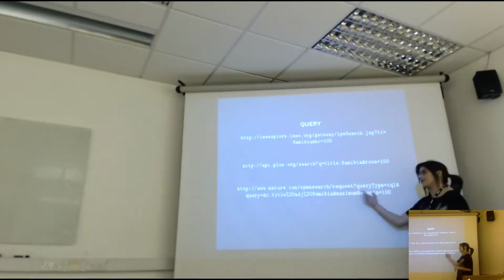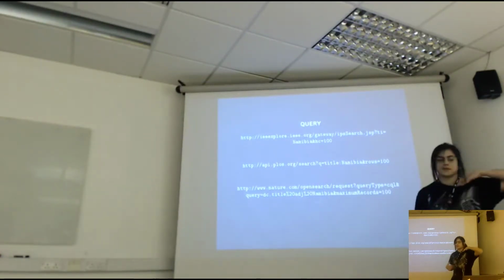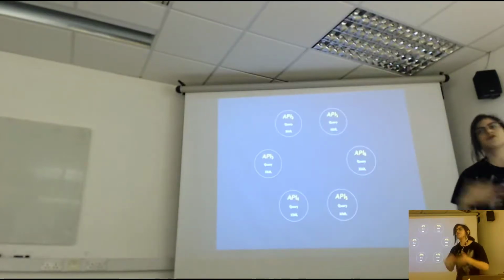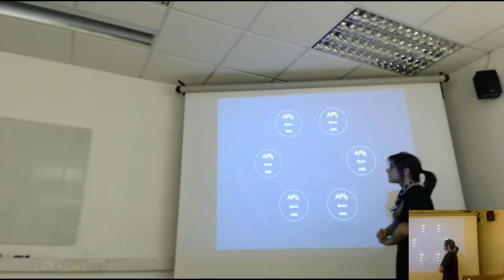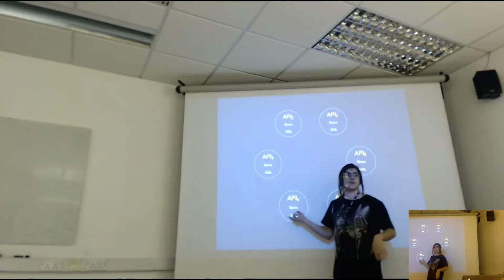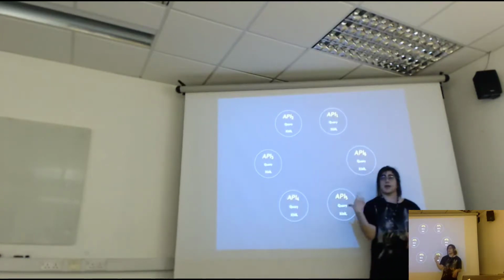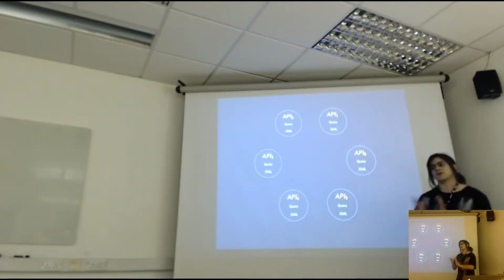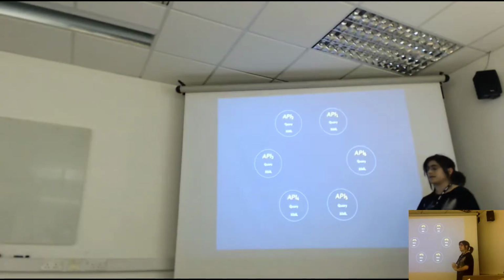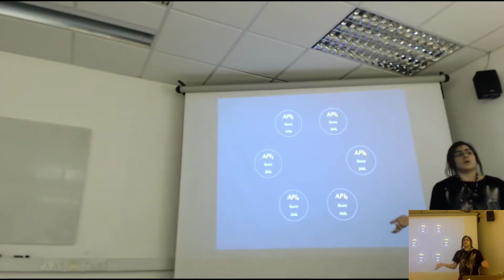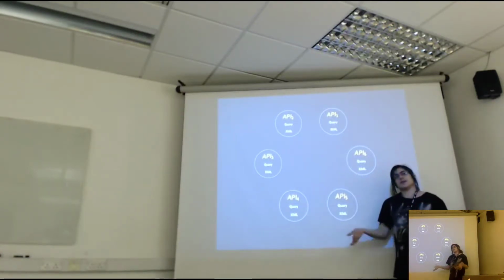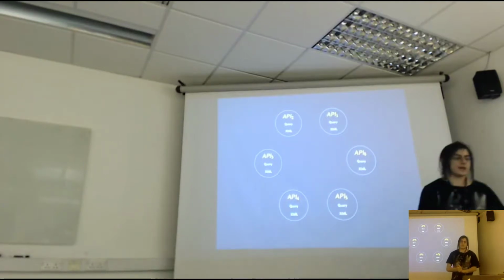The syntax of the query is different for each API. It's not only the syntax of the query, but also the results themselves. The XML file is what the API returns, which is a markup language that holds the data. So what do you do? Do you learn to talk to each API and go around pinging them?